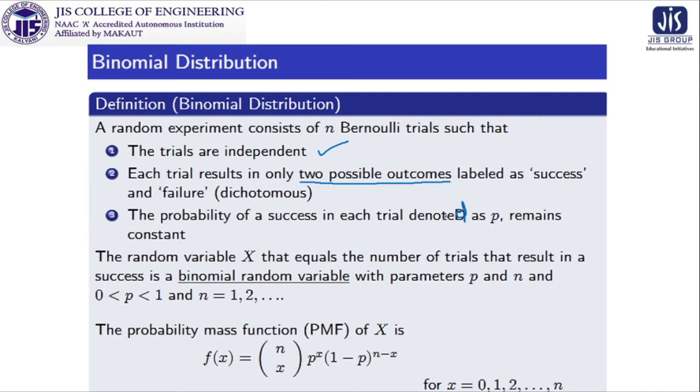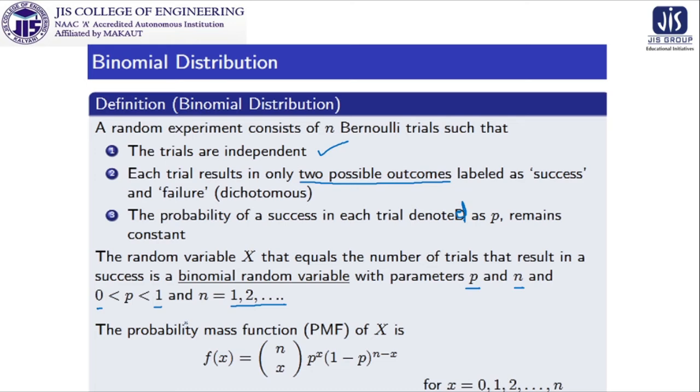The random variable capital X that equals the number of trials that result in a success is a binomial random variable with parameters p and n, where p is the associated probability, which must lie between 0 and 1, and n is the number of trials.